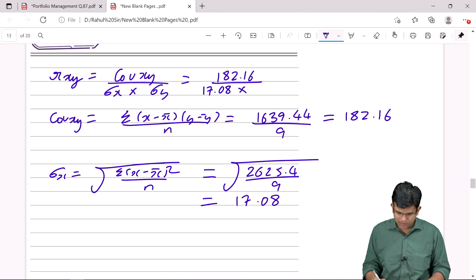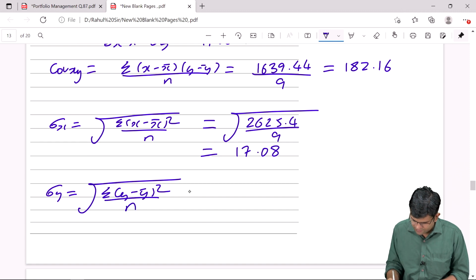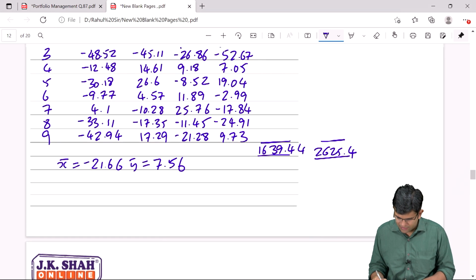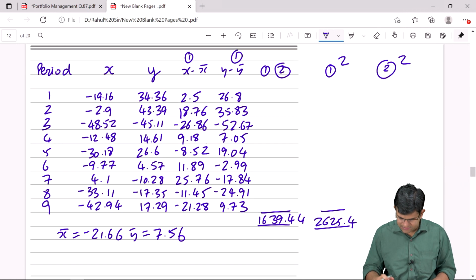Now let's go for sigma y. Children, sigma y will obviously be under root summation y minus y bar the whole square divided by n, right? For that we will have to do y square, y minus y bar the whole square. So let's start.